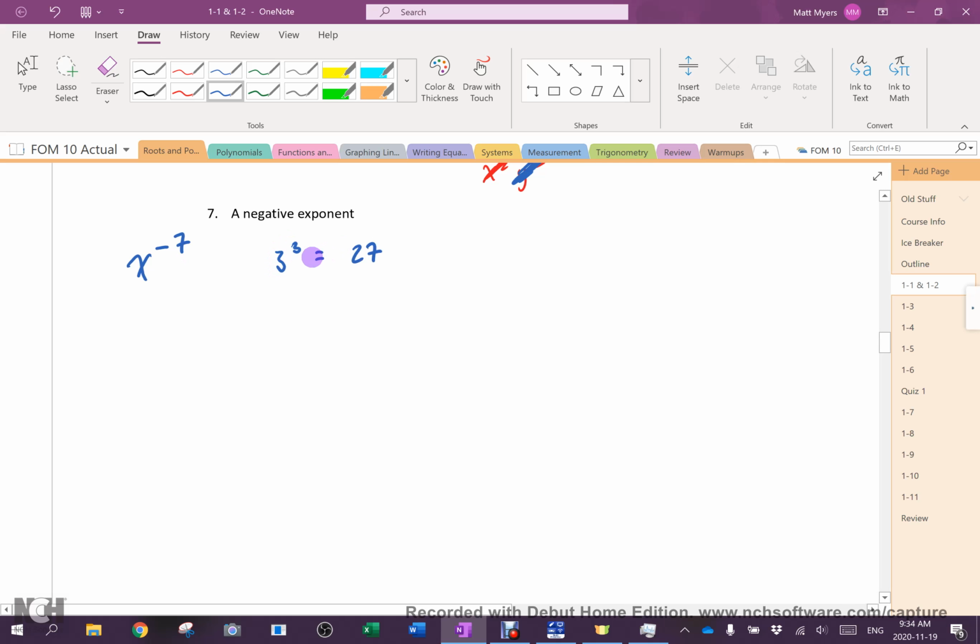I'm not going to bother with the 3, 3, 3. 3 squared became 9. And I'm dividing by 3 as I go down, right? 3 to the 1 was 3. 3 to the 0 was 1. Now, 4 times in a row, when I drop my exponent by 1, I divide by 3, yes? So what is the next logical exponent?